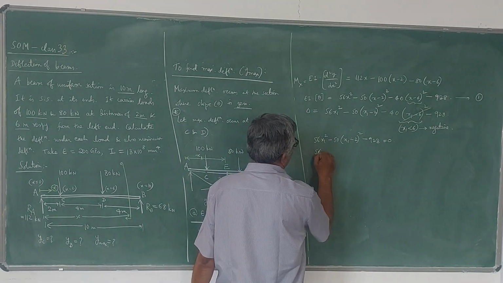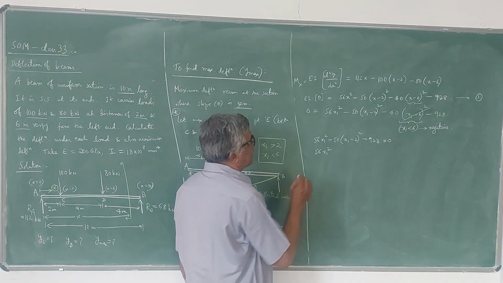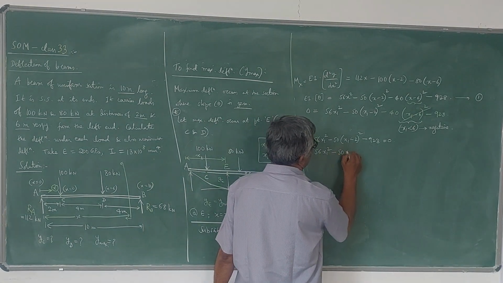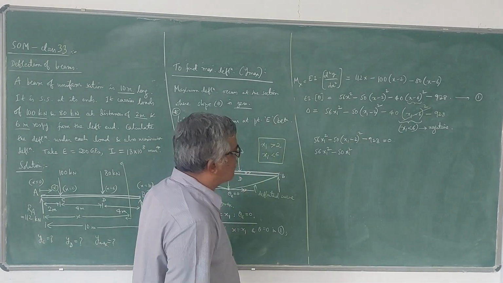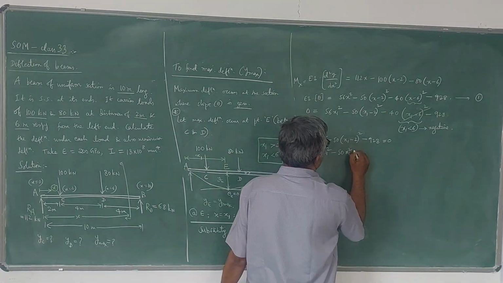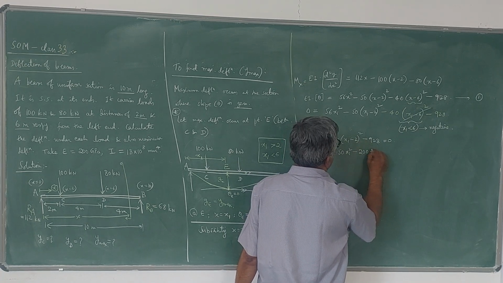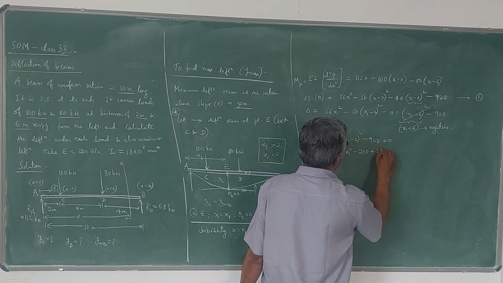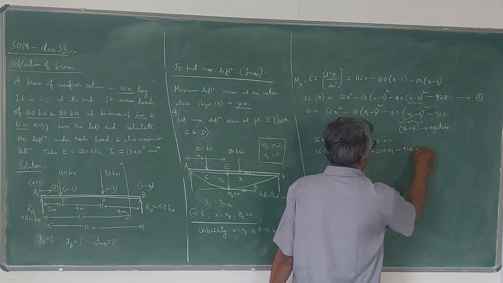Of course, we will be getting two values of x1, out of which one value is valid. So minus 50 x1 square, I have removed the brackets: a minus b whole square is a square plus b square minus 2ab. So this becomes minus 50 into 4, that is 200, then plus 2 into 4, 200 x1 minus 928 is equal to 0.